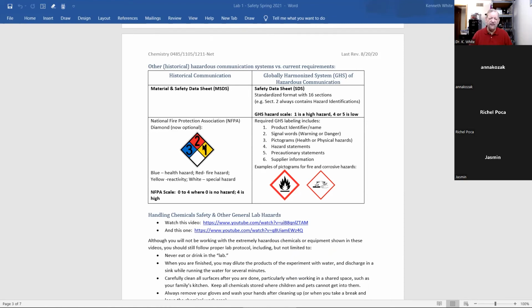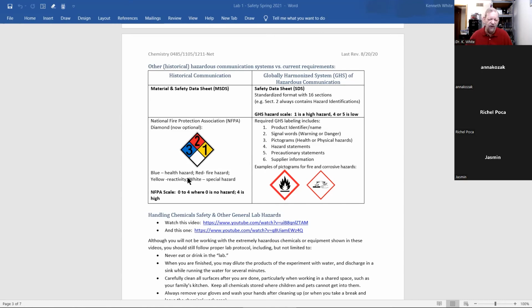Now, there are different colors in the diamond. Blue is for health, red is for fire hazard, yellow is reactivity, and if there's some really special hazard, it's white. And you'll see a number in there.